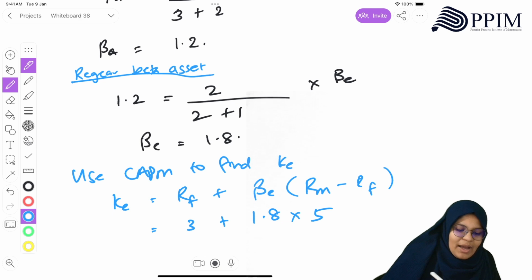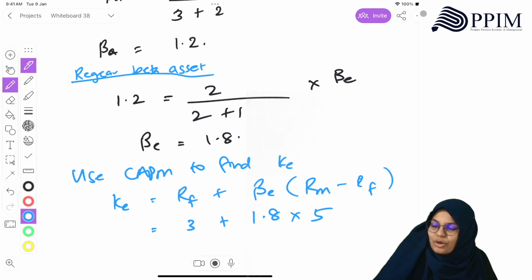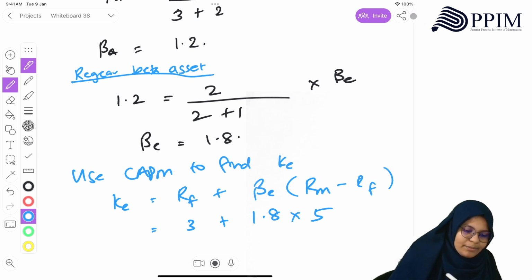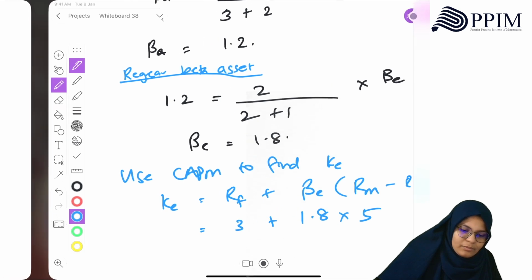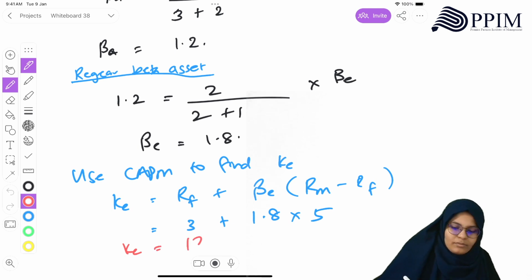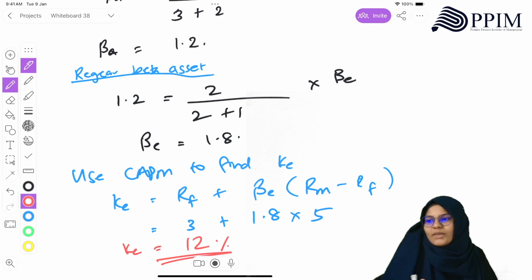Remember, RM minus RF is also called risk premium. So if they give you the risk premium, you can directly put that figure itself. That should give me the cost of equity. Should be 12%.